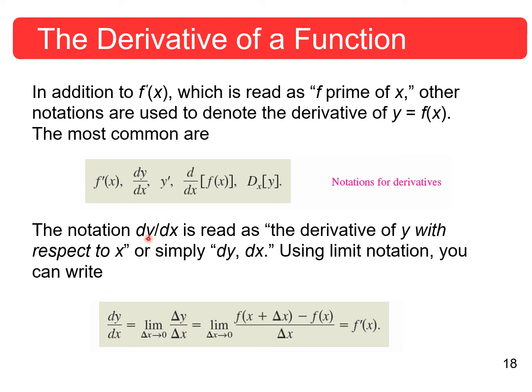This notation is read as the derivative of y with respect to x, or simply dy dx. Using the limit notation, we can write dy dx equals the limit of delta y over delta x as delta x approaches 0. This is just equal to this expression: f of x plus delta x minus f of x over delta x, then take that limit as delta x approaches 0, and they're all equal to the derivative of the function at x.